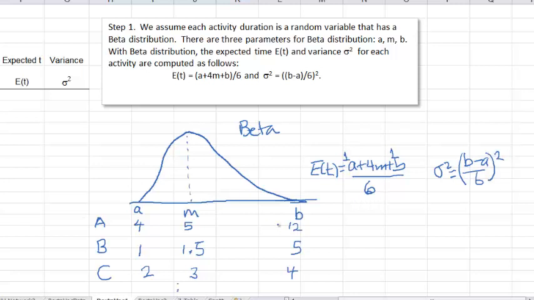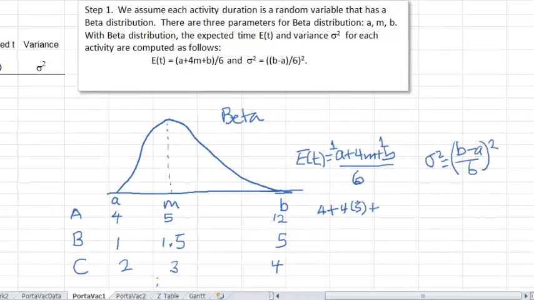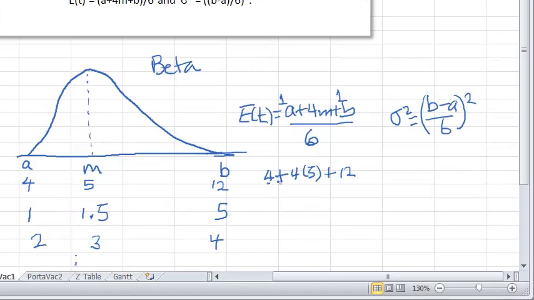So let's just do a couple of practice calculations. Let's say you wanted to get the expected time for A. We would go 4, so that's the A, plus 4 times 5, plus 12, and then divide that by 6. In the numerator we get 36, so 36 over 6 is 6.